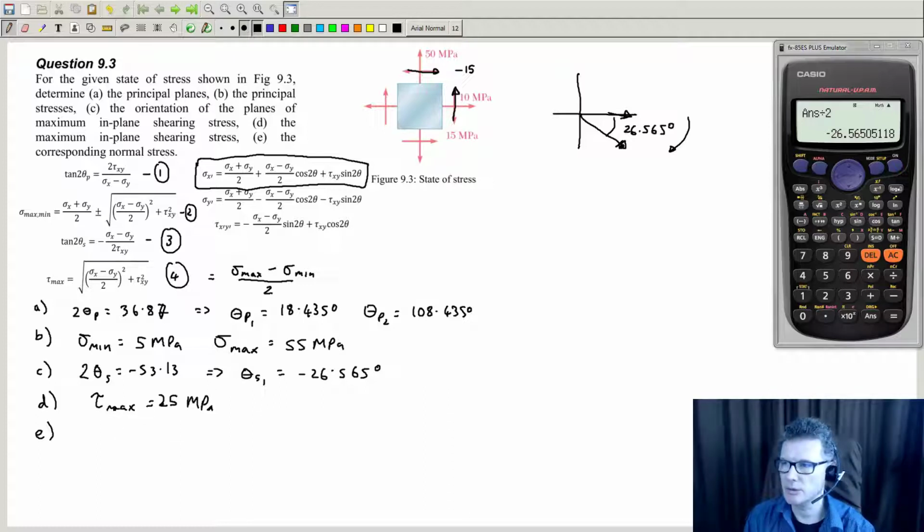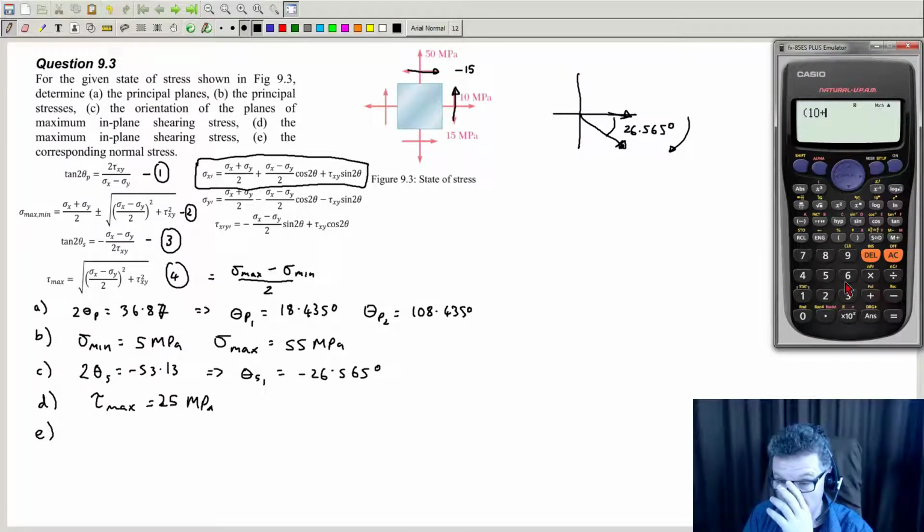So what numbers are we using there then? So the first one will be open bracket 10 plus 50 divided by 2. That's the first bit.